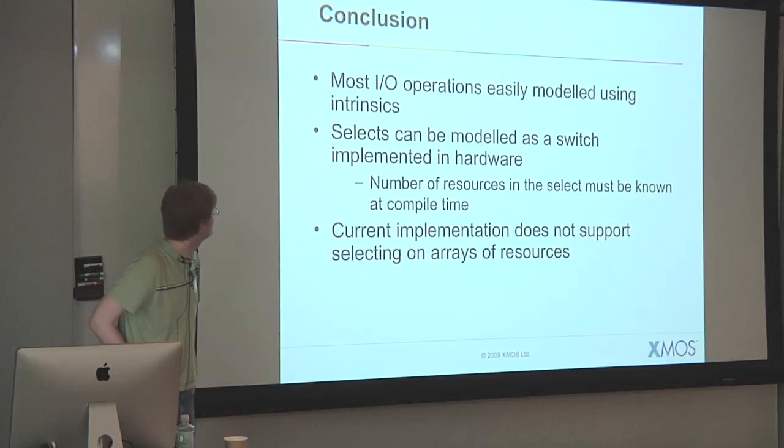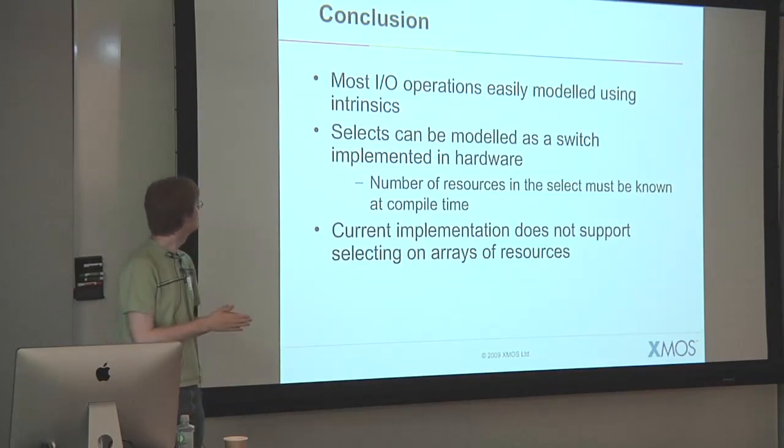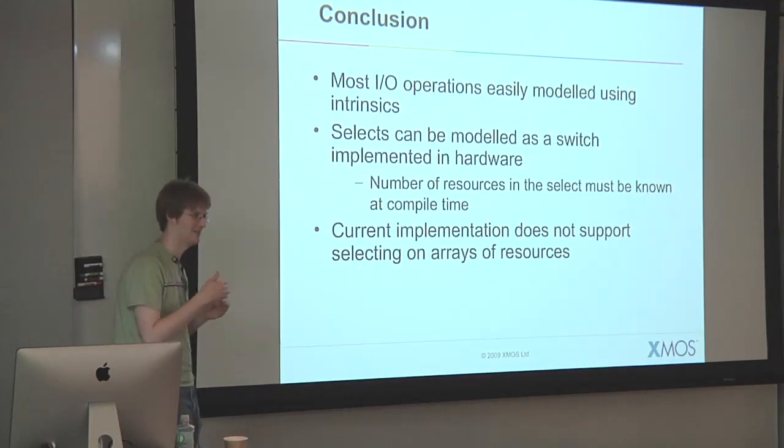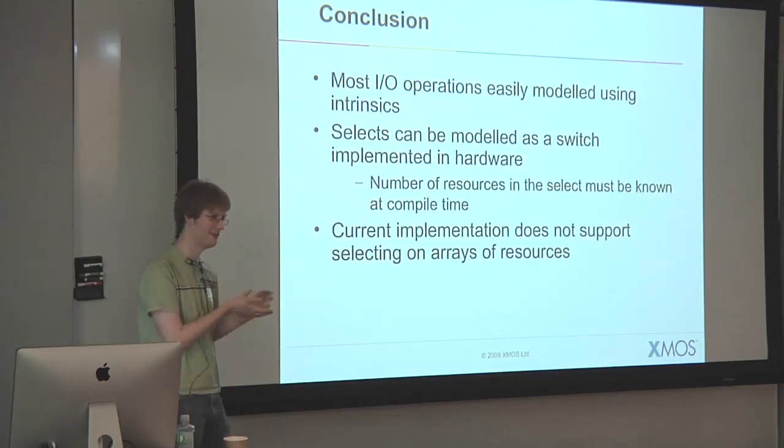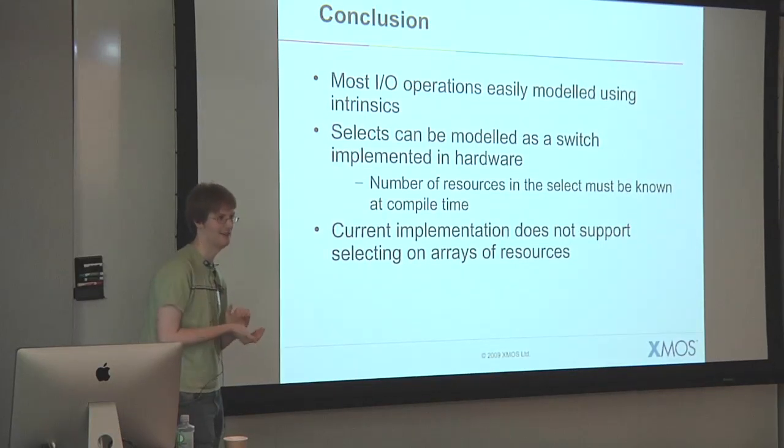So we've seen that LLVM allows most of the processor's unique features to be modeled simply through intrinsics, and that gives enough information such that we can optimize at the LLVM IR level.